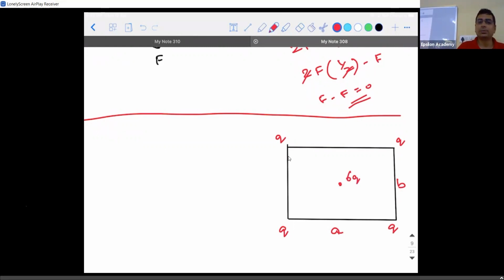Find the force experienced by the charge at the point of intersection of diagonals due to the remaining system. Find it out. You should get it, but prove it.